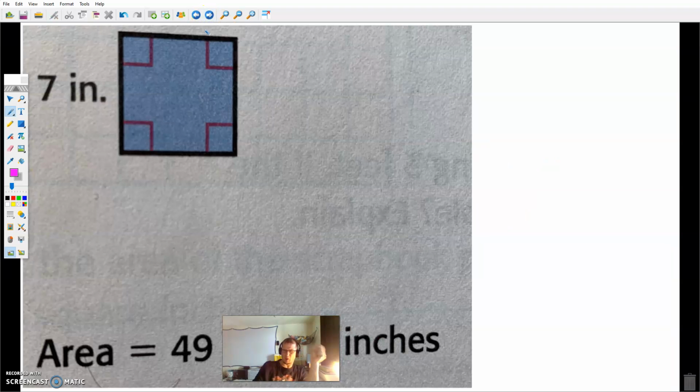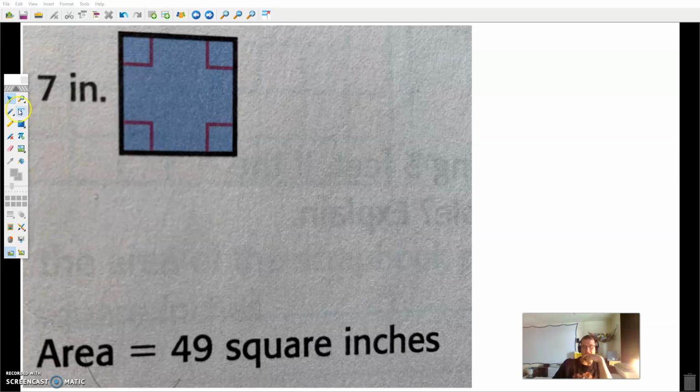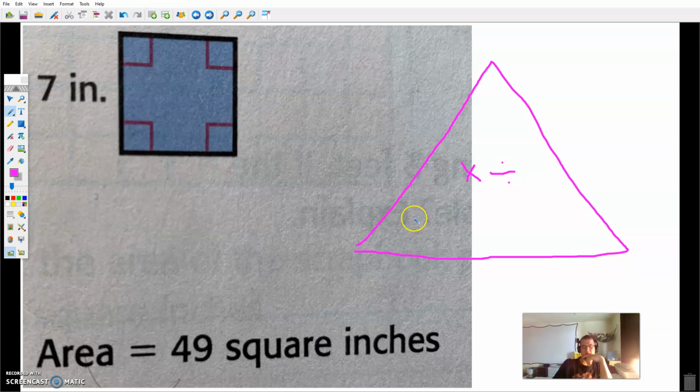Okay, we're going to add one more little twist into this. If I have a length and no width, but I know the area, is it possible to figure it out? Think about your fact families. Okay, multiplication and division. We have 7, we have something, and we have 49.